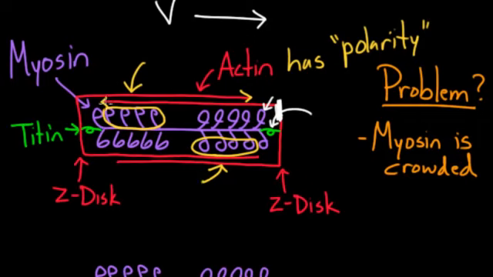So these four at the top are blocked by this segment right here, and these bottom four are blocked by this segment right there. So there's actually some actin blocking going on. Let's call it overlap, because I think that makes a little more sense.